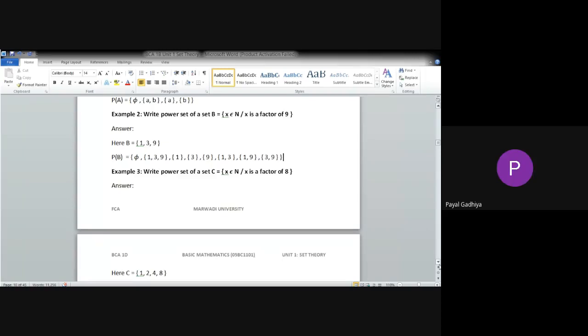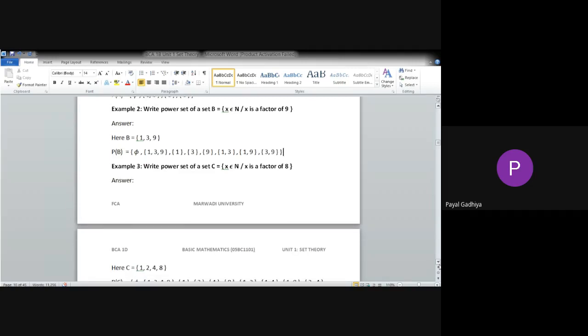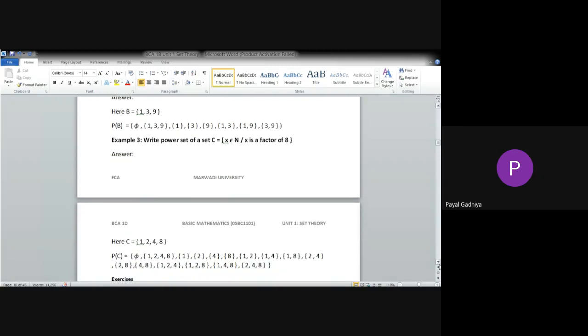And what is that? 16. Yes, there are 16 subsets we can get for this set. So we can make the subsets and then we have to make a power set for the same.